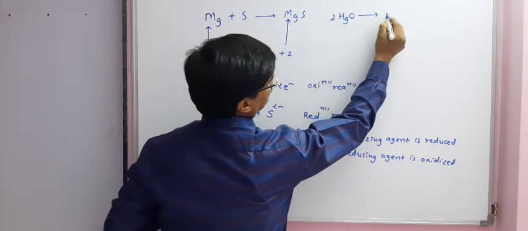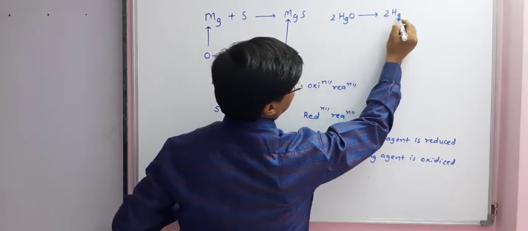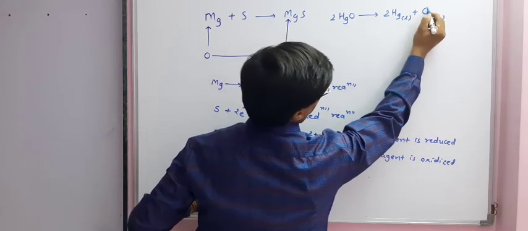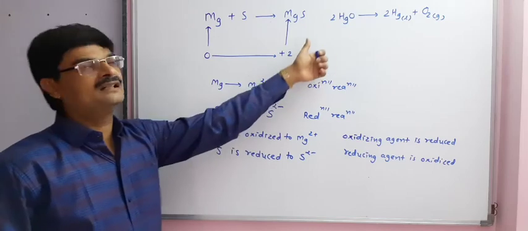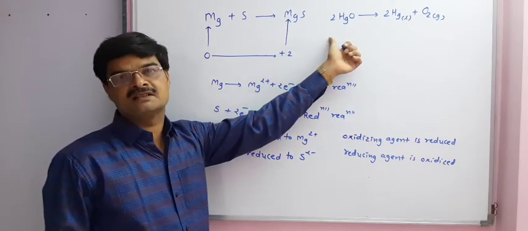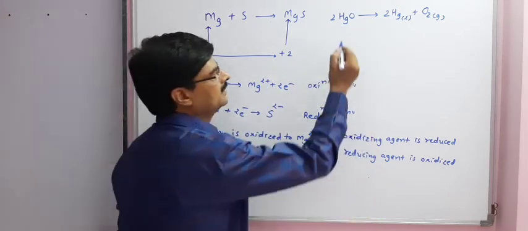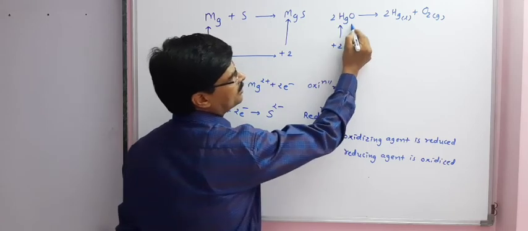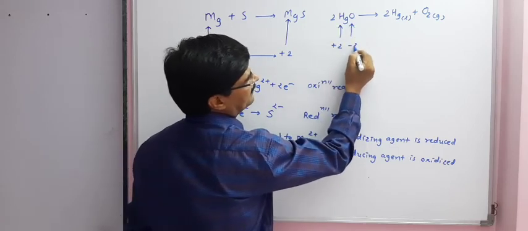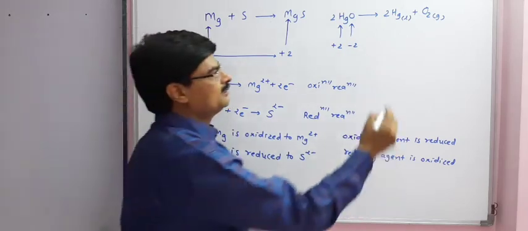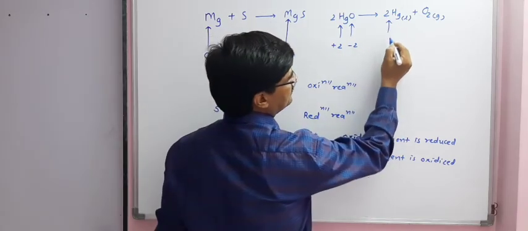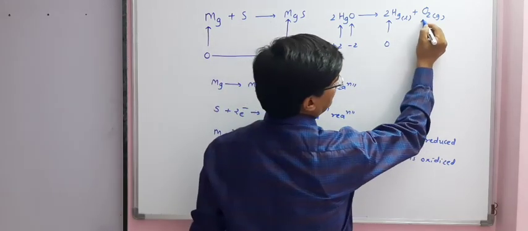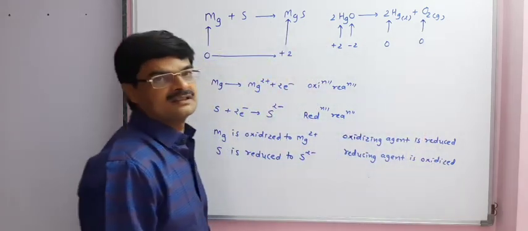In another example, HgO will give 2Hg liquid and oxygen gas. Let's understand the oxidation reaction and reduction reaction. In HgO, Hg has a positive 2 charge and oxygen has a negative 2 charge. But in mercury, Hg has 0 oxidation state and oxygen also has 0 oxidation state.